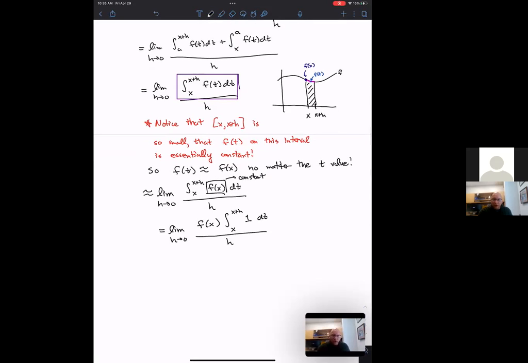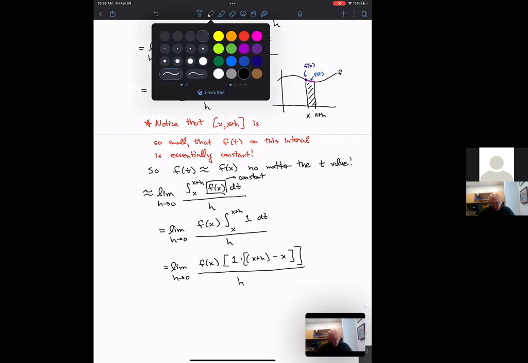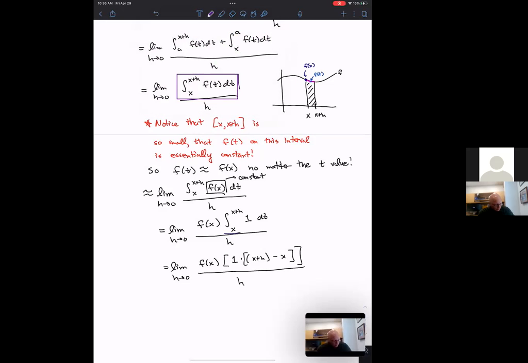Fortunately for us, there is a wonderful formula for the integral over an interval of a constant. So this is f of x times 1 times x plus h minus x. Too many brackets, okay. Here I've used the fact that the integral of a constant is truly just the area of a rectangle.